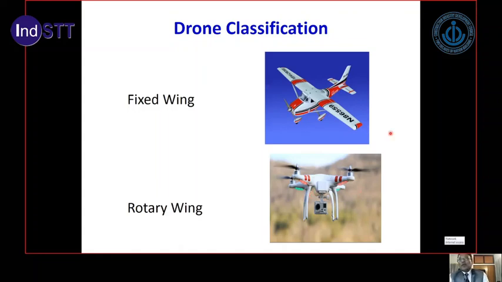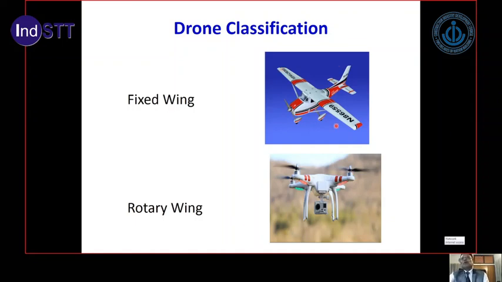The fixed wing types would require a certain kind of runway, because they require certain horizontal movement to get the thrust and then they fly up in the air. But a rotatory wing can go vertically up directly from a small ground or from the rooftop, so they don't require a runway. So this is the advantage, but there are many other features also.